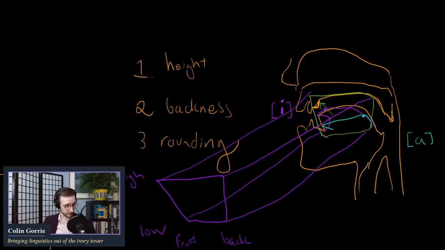You'll see a vowel like E up here, and A down here, and U here, and various other things in other places. And so that's really what's going on here.